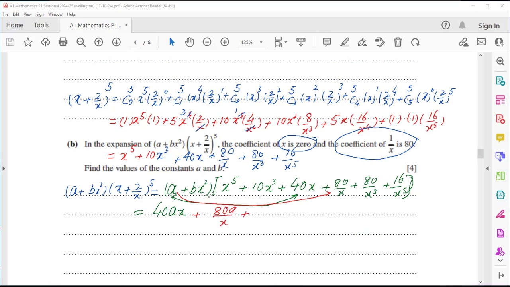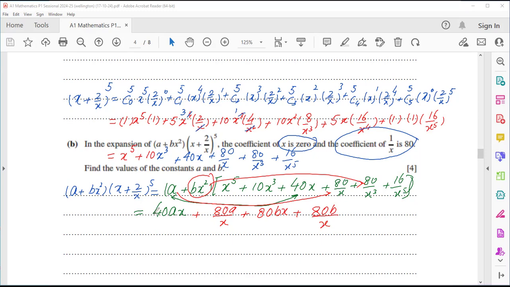Now it's the turn of the b. So when you multiply this b by this number, multiply by this 80, you will get the terms of x. So bx square multiplied by 80x, it becomes 80bx, plus. This term is cancelled, multiplied by this one x cubed, you will get 80b over x. Where are the coefficient of x?